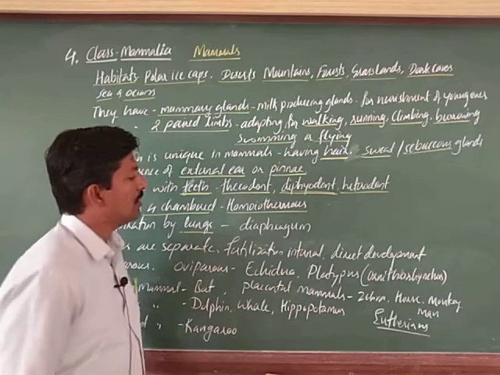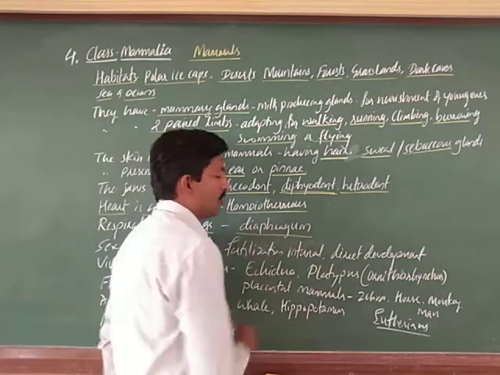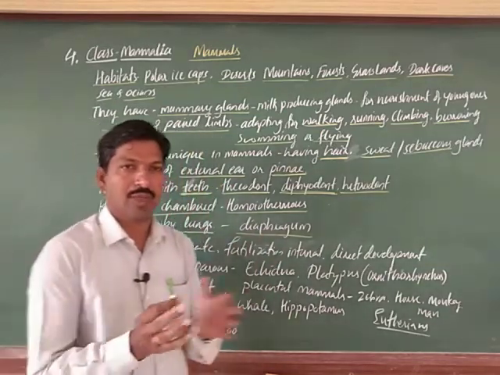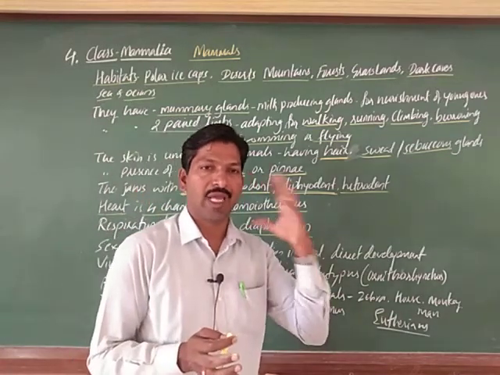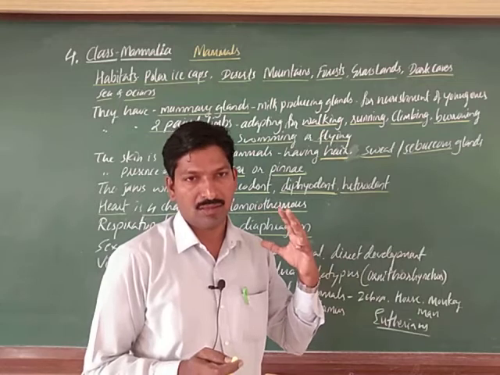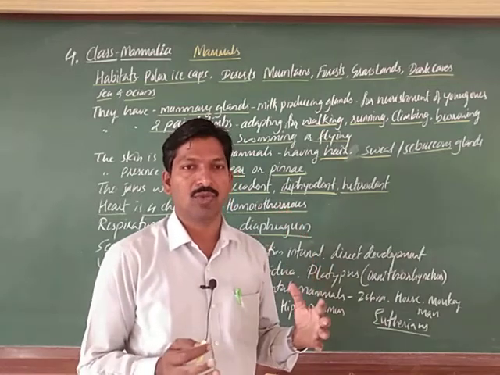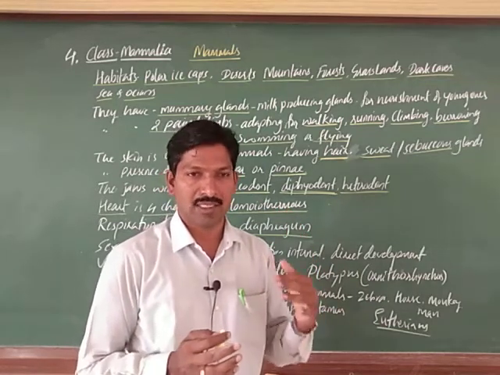Next, there is a presence of diaphragm. As we know, the body is divisible externally into head, neck and trunk, and the trunk is again divided into thorax (chest) and abdomen.